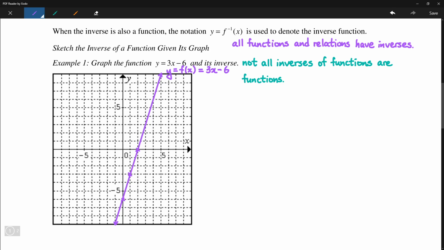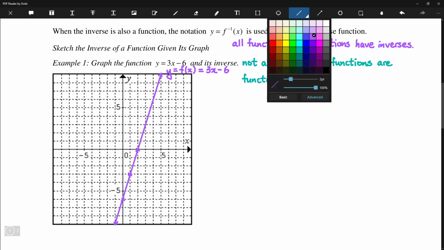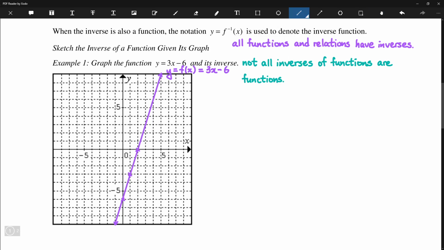Okay, and then if we are to graph its inverse, we should probably find the inverse first, and that is done by switching x and y. So we have x is equal to 3y minus 6. So that would be add 6 to both sides.